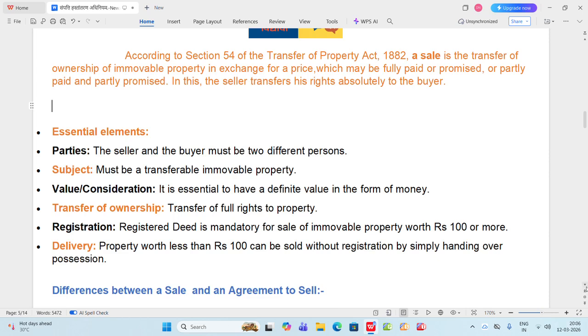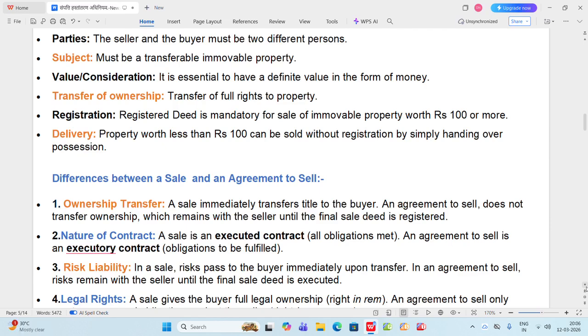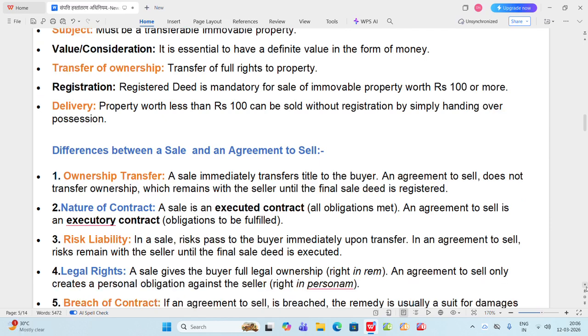Now coming to agreement to sale. Agreement to sale means the rights are not transferred directly, but these are confirmed after registration when the ownership is then transferred.